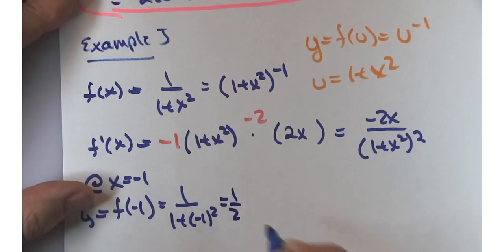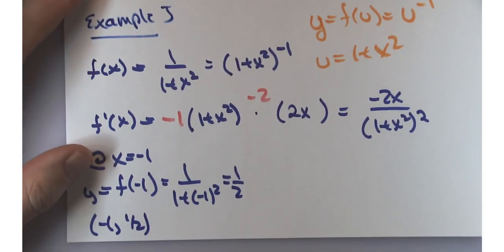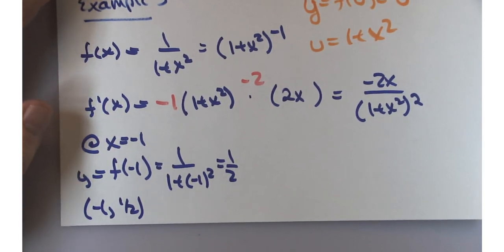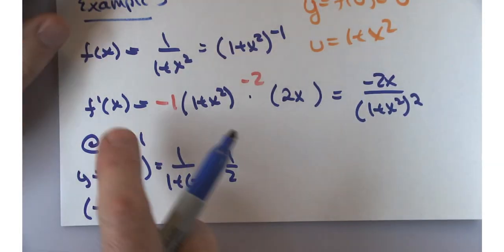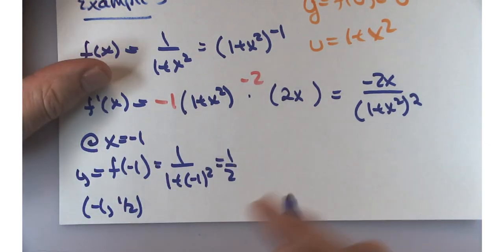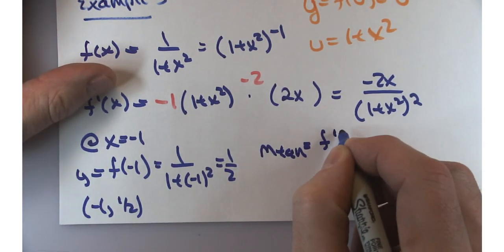So there's my point, -1 and 1/2. What else do I need in order to find the tangent line? Slope, yeah. Great. How am I going to find the slope? Yeah, plug in -1 into which one of these? F prime. So the slope of the tangent line is going to equal f prime at -1.